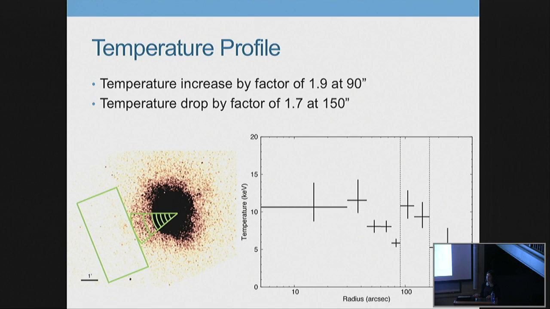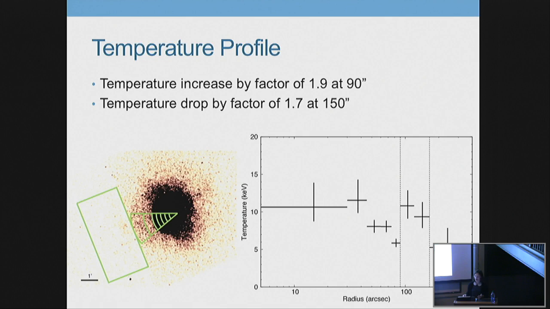And using the regions shown here, I found the temperatures for each bin, and the temperature profile is shown here. And as noted, we have a temperature increase by a factor of 1.9 at 90 arcseconds, and then a temperature drop by a factor of 1.7 at 150 arcseconds.